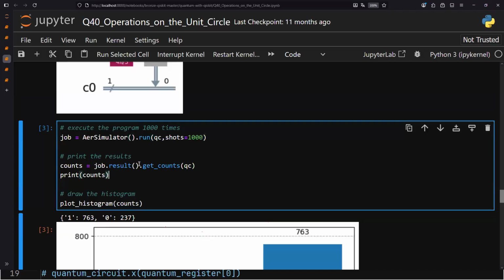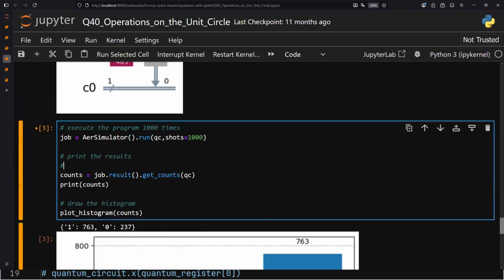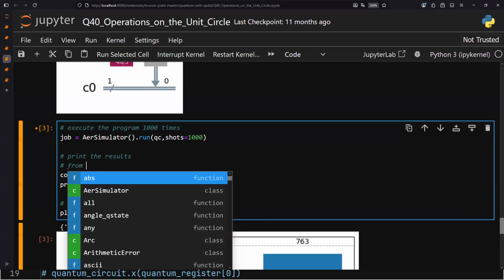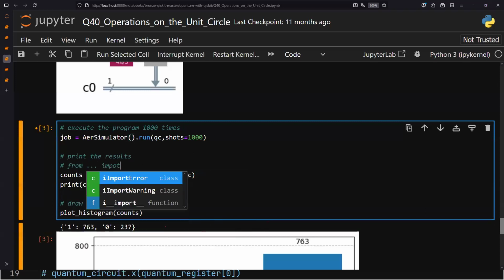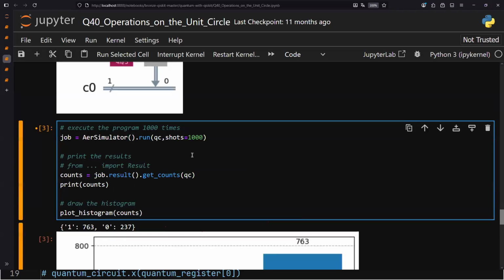And this result, what I have imported here, this entire object is the result object, which you then retrieve counts from.